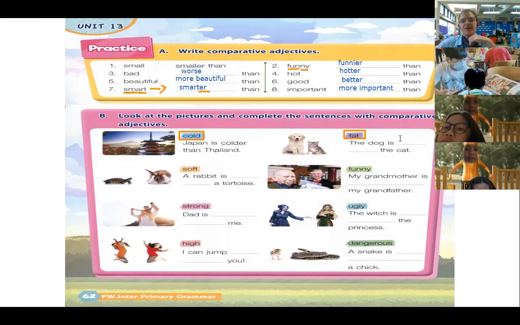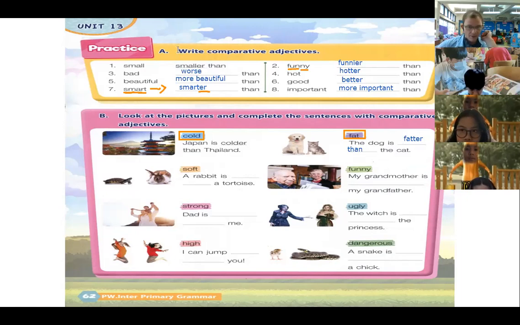Fatter. Fatter than. Okay, how do you spell fatter? Fatter. Excellent. Remember, we always have to add one extra consonant if it is a three-letter, one-syllable word. Fatter than the cat. So the dog is fatter than the cat.